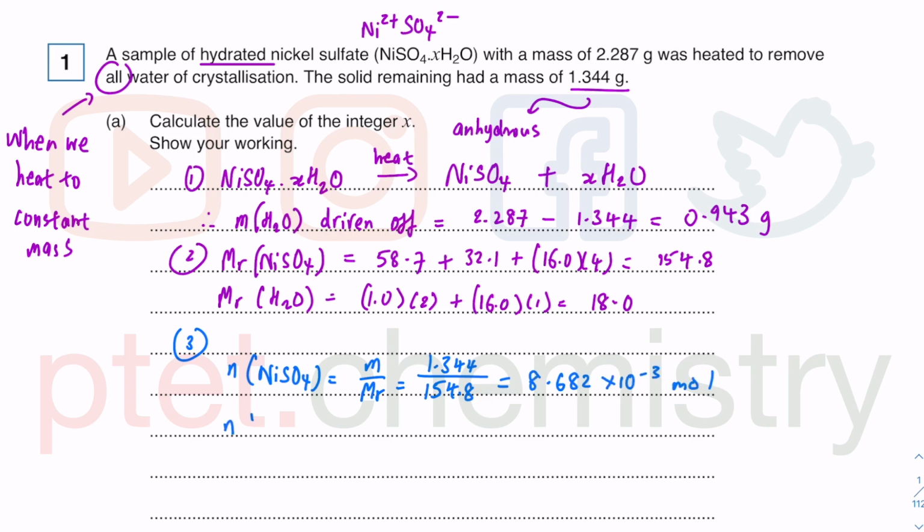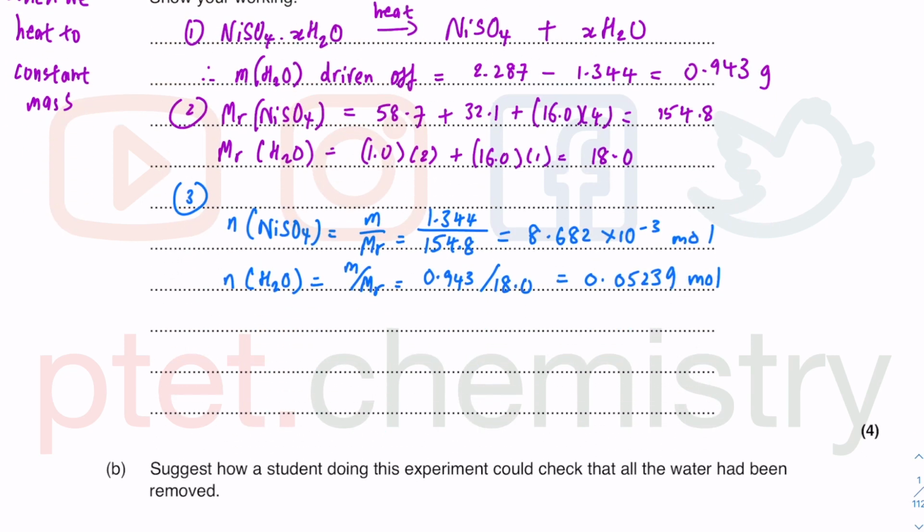I also have the moles of water, which is the mass over the Mr of water. That is 0.943 gram of water divided by 18.0, and this gives me 0.05239 mole.